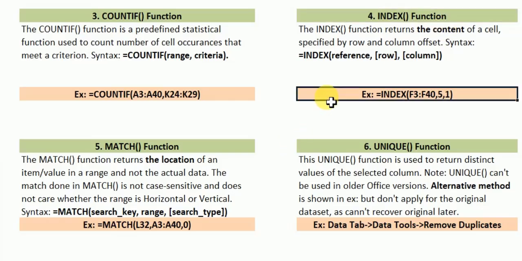See the example. In the first part, a range is mentioned. This is known as the reference range. In this reference range, the second part is telling the row in which the value or the content has to be searched, and the third part is telling the column value in which column the content has to be searched.